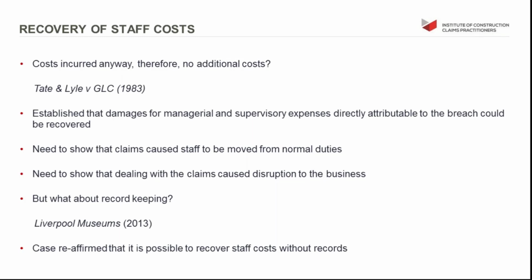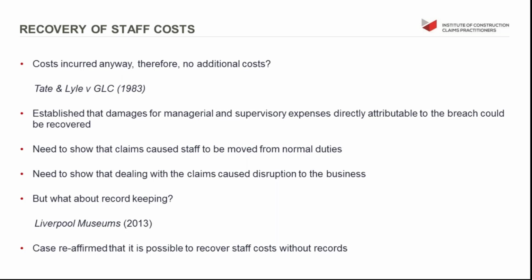Now, the Tate Lyle case required a couple of things to be demonstrated. The first one was that it showed that your staff had been moved from their normal duties. And in all of those circumstances that I outlined, you could reasonably argue that if you take away the QS from the measurement and move him to the quantum of the claim, we're going to fall behind on the measurement.